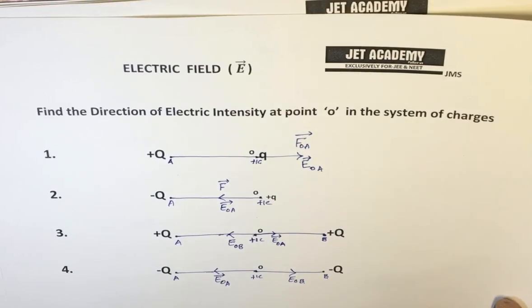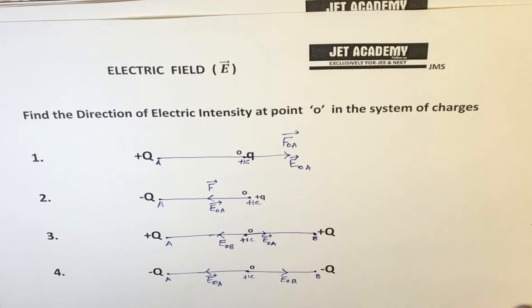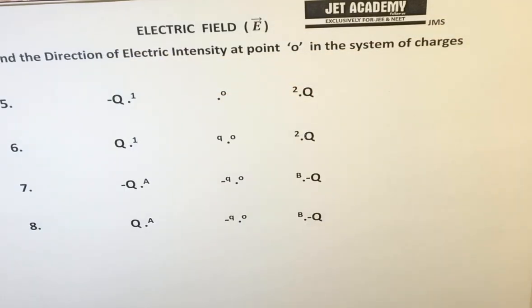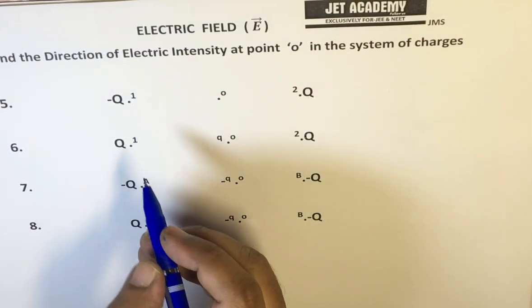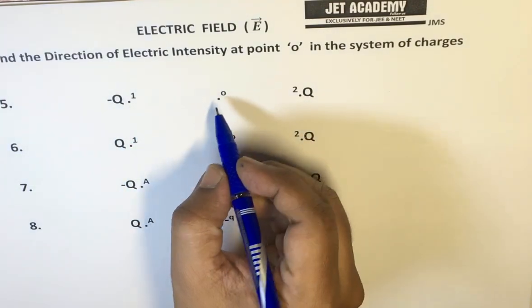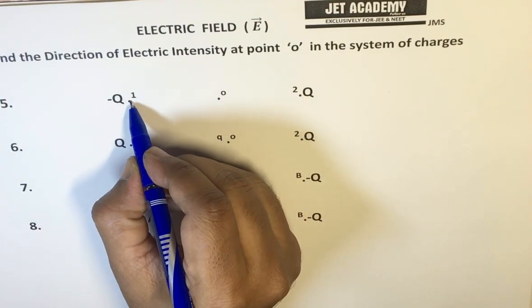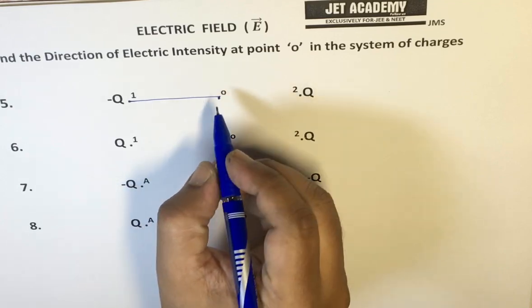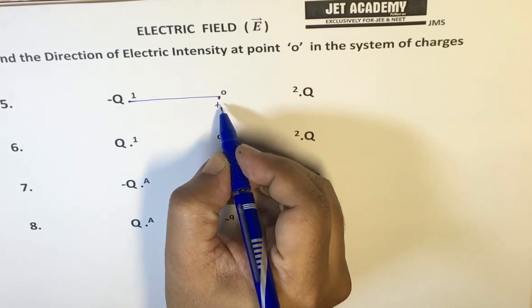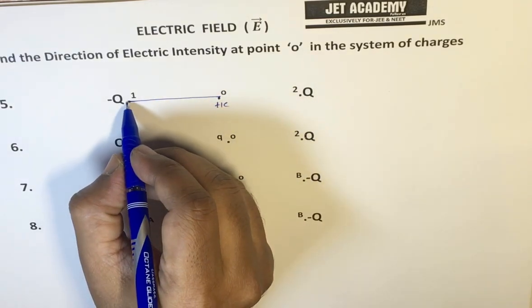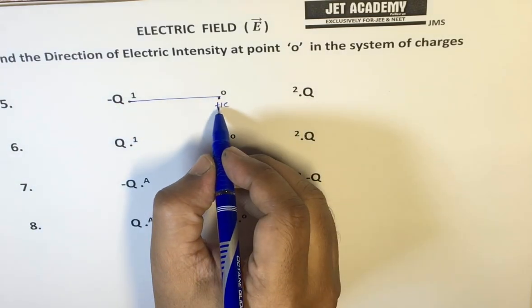You practice more, because these are very important in solving problems, understanding derivations, and understanding many concepts. And in the fifth problem, at O, the line joining, this is plus 1C, here negative, and this is positive.